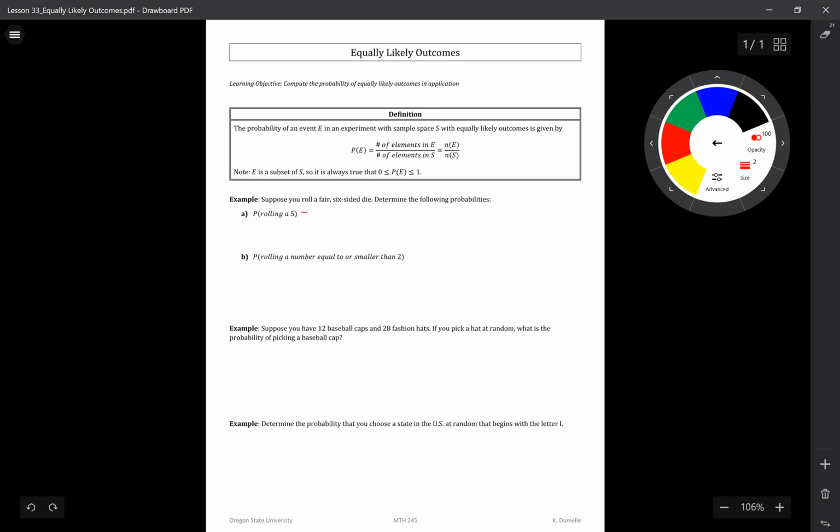If I call this E, rolling a 5, then the number of possibilities in E is equal to 1. There's only one way to roll a 5. And the number of possibilities in my sample space is 6, because there are 6 sides on a die. So the probability of rolling a 5 is simply 1/6.